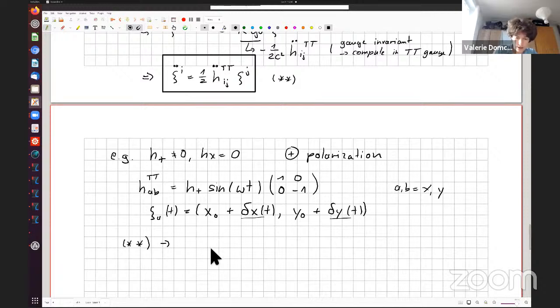Let's look at the x component first. Then we get delta x double dot on the left-hand side. Now we have to take two derivatives of this, and so this will give a minus sign. Then we have this 1/2 here, so minus 1/2.